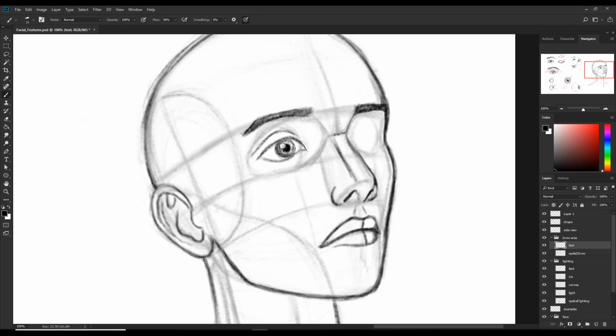So if our light hits here, we'll pop a little bit of light over here.